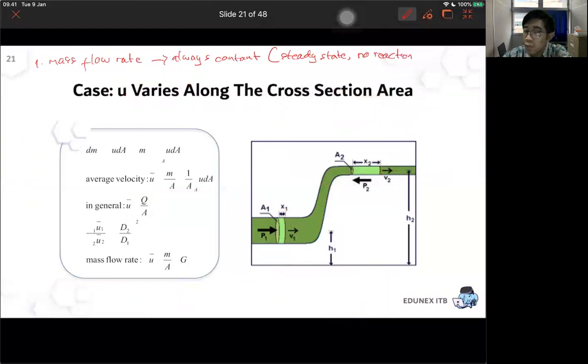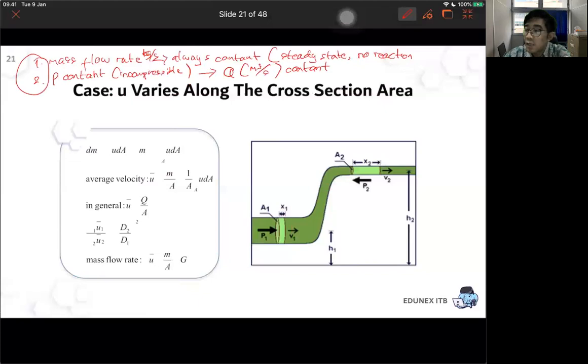Okay, the second one: if the fluid is constant, the density is constant, incompressible, mass flow rate is kilogram per second, the volumetric flow rate, cubic meter per second, is always constant. This one is only for constant density.